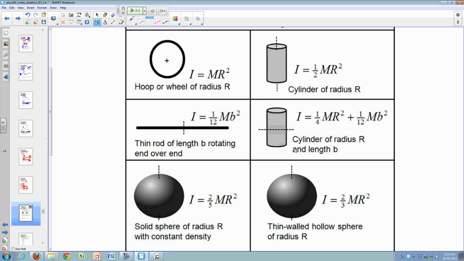Remember, the moment of inertia, I, is equivalent to what that we did in linear motion? Not momentum, no. What was our measure of inertia in linear motion? What variable described the inertia of an object? You probably won't find it in your notes. Remember, inertia describes how difficult it is to move something. And if I have an object moving in a straight line, what about that object describes how difficult it is to set it into motion?